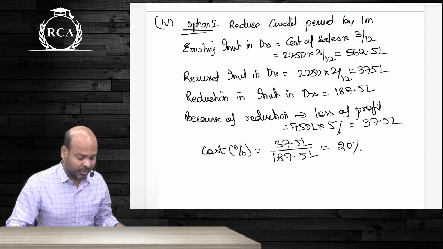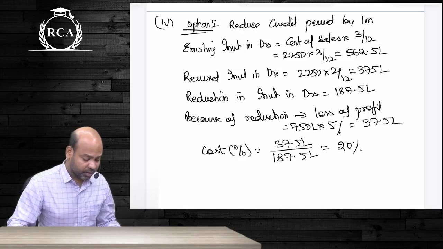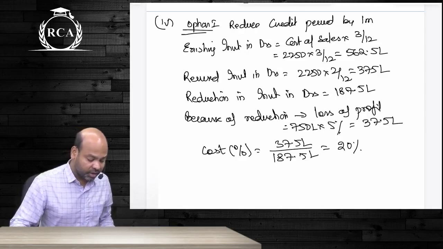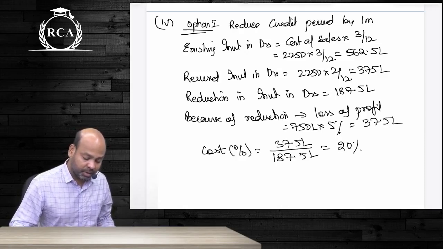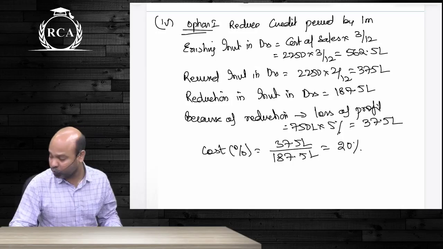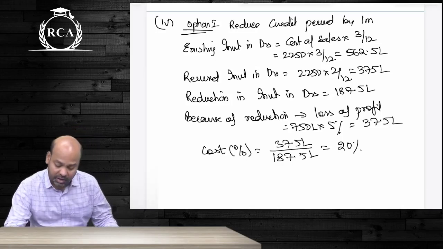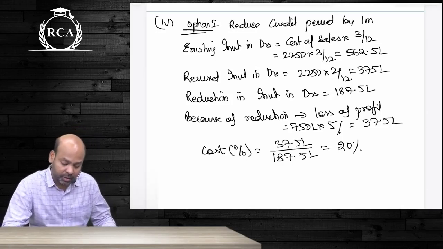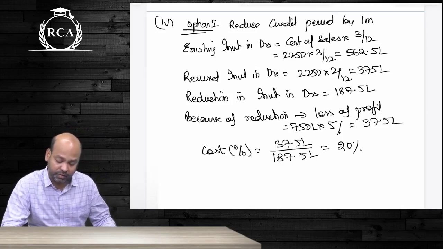एक second बेटा, let me read the question. We are reducing the credit period to customers by a month. By a month only. We are not revising the credit period as such better to 1 month. Reduction as such, guys, there is only 1 month. Our existing cost of investment is... एक second बेटा.